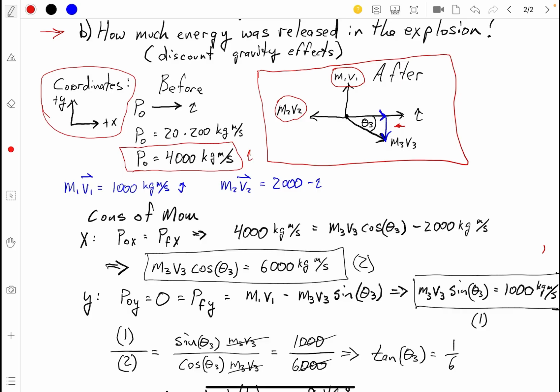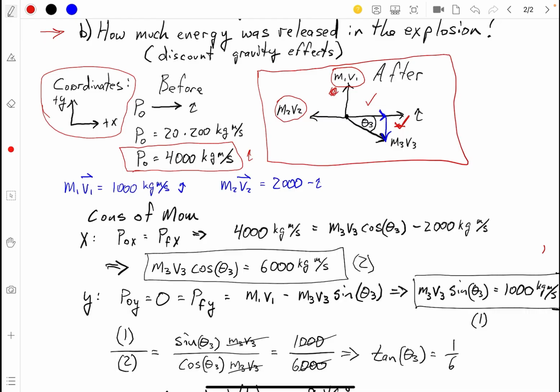So in the end, we've got to have something going in the positive i hat direction. So I'm going to assume that our m3v3 has a positive component and it has a negative j hat component because of this guy up here. All right, well, there you have it.